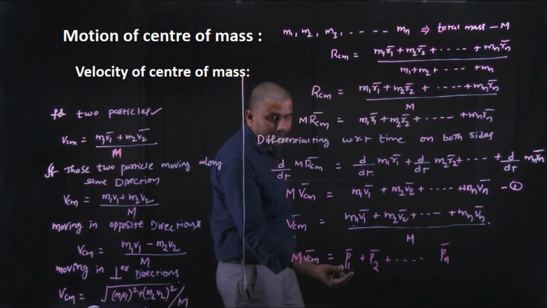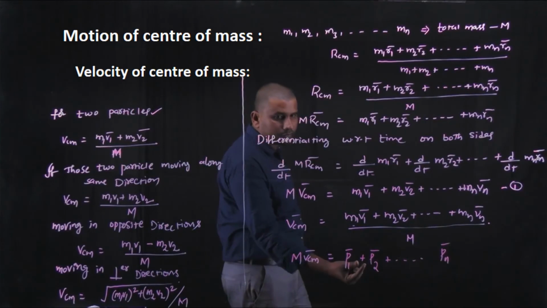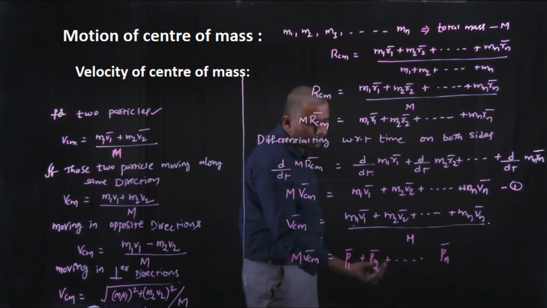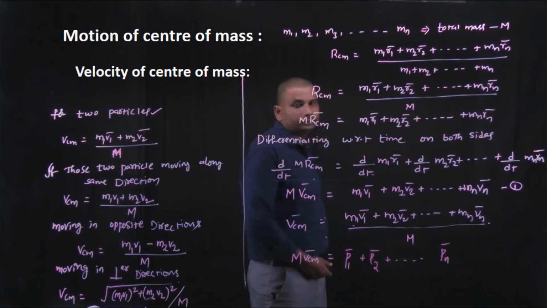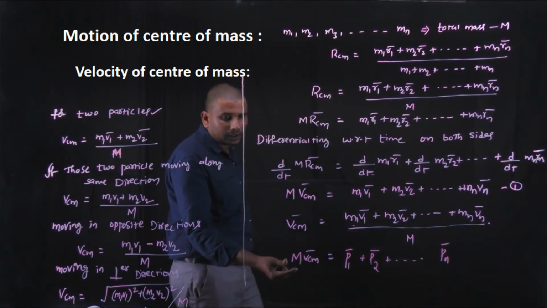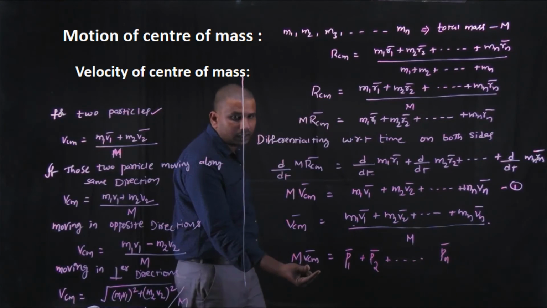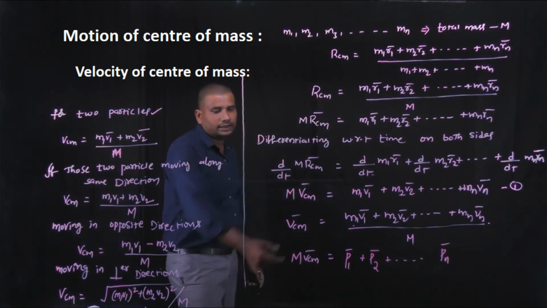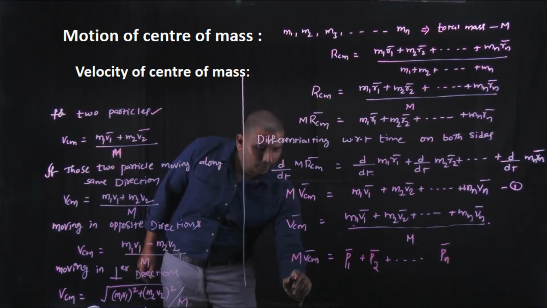In the RHS, the sum of individual momentums of all the particles is equal to the total mass of a system into the velocity of center of mass. Now this is called the momentum of center of mass.